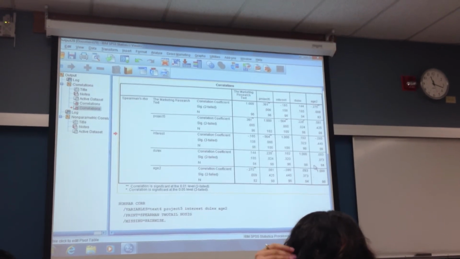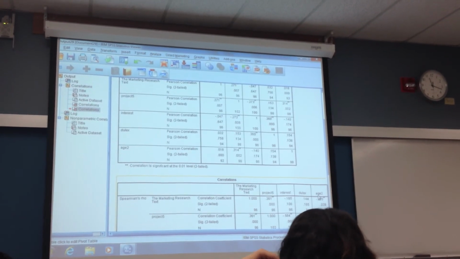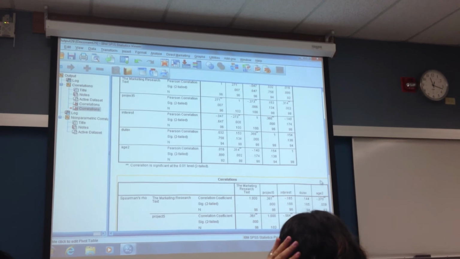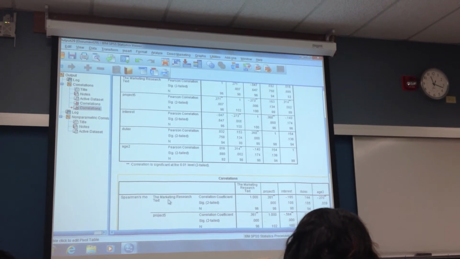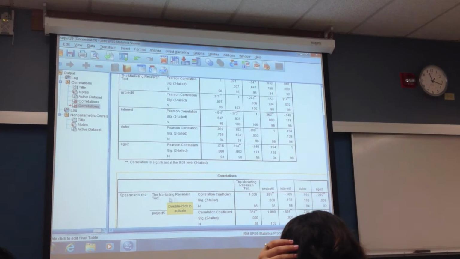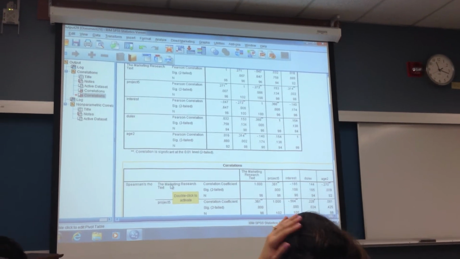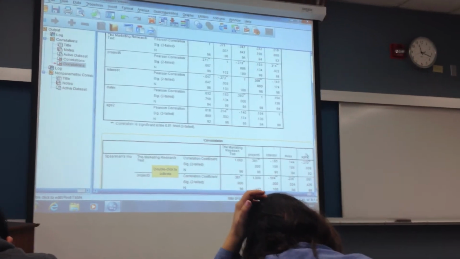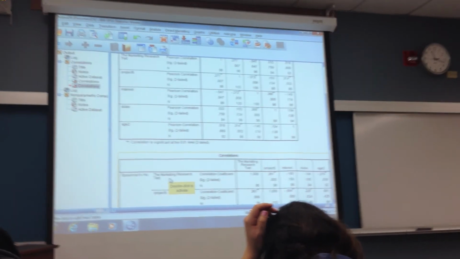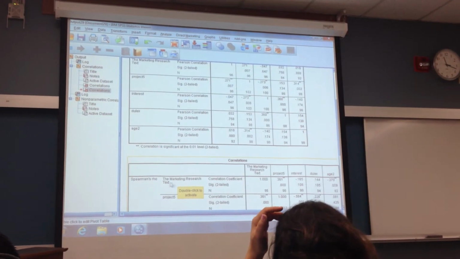Age is usually your independent variable in the analysis. As a person gets older, do they think the text is getting easier or more difficult? As age goes up, this one goes down. Now, as this goes down, it's getting easier. So the older people basically think the text is easy. The younger people think it's more difficult.